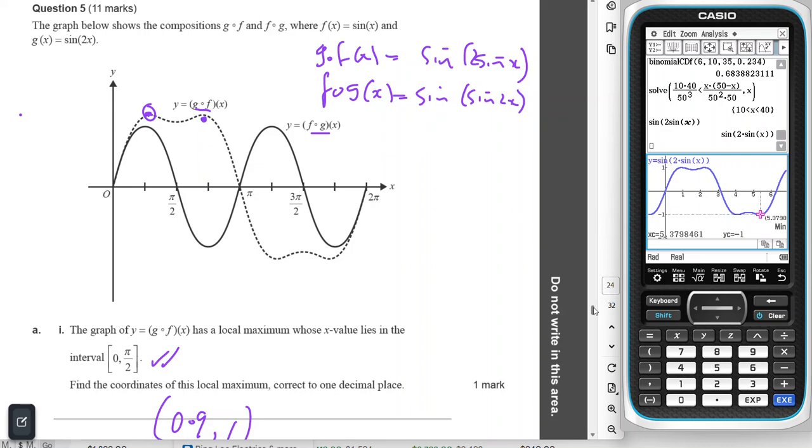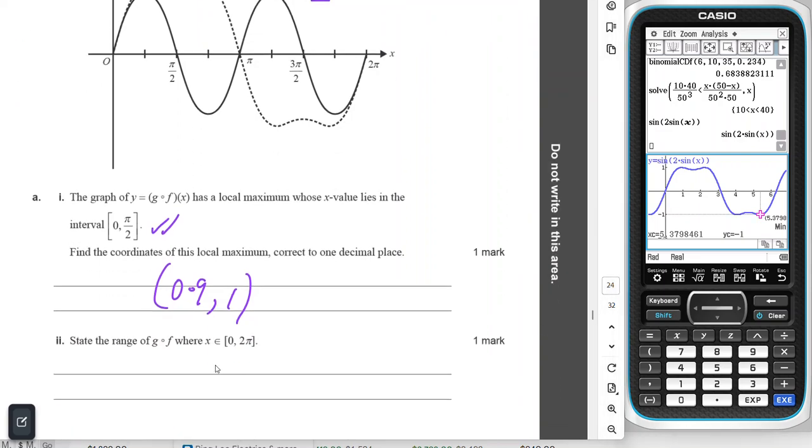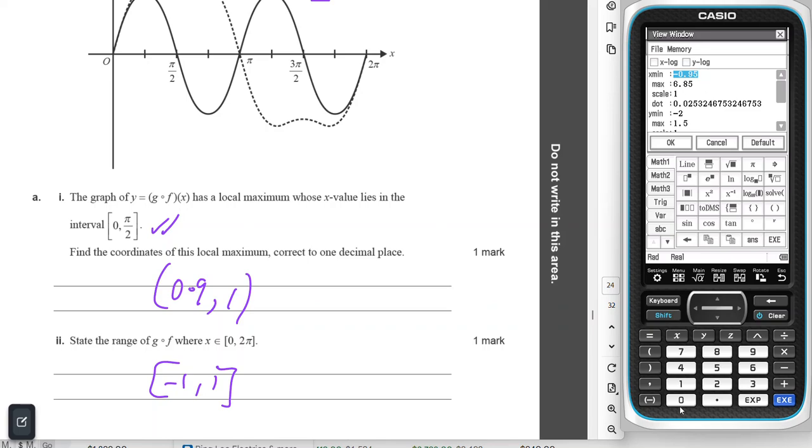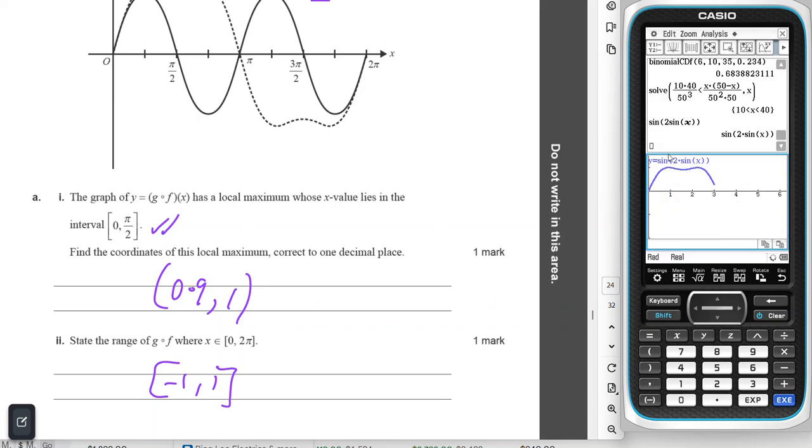Beautiful. So I think the range of this is going to be, state the range for 0 to 2 pi, -1 to 1. Now double check, see if it's an answer about the particular domain, 2 pi, okay. And I certainly go from -1 to +1, so that's correct.